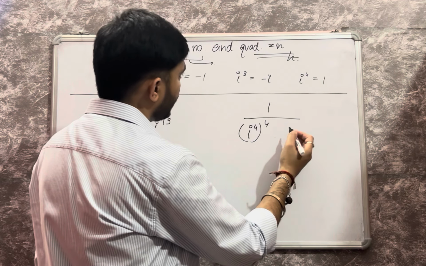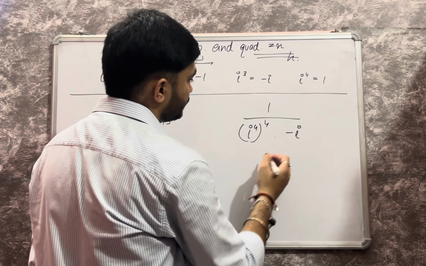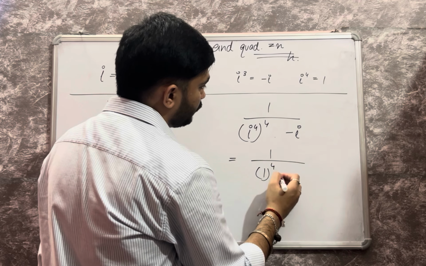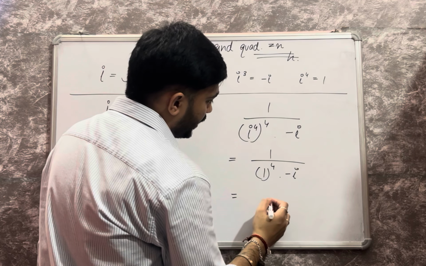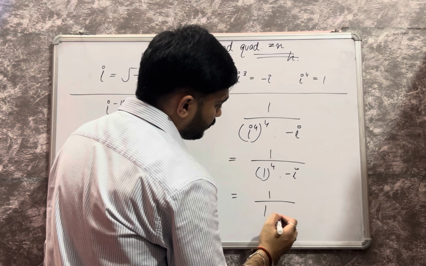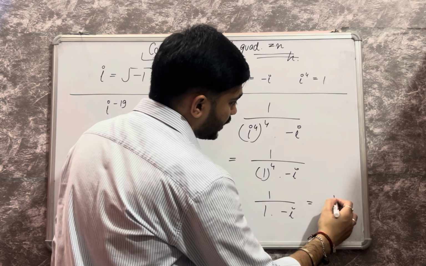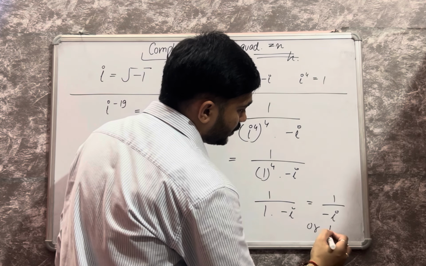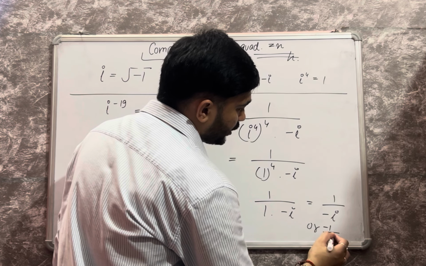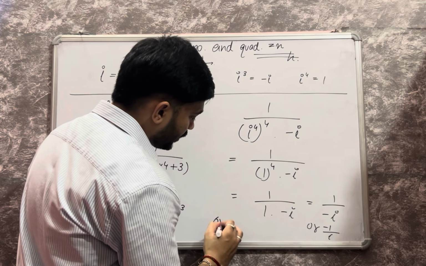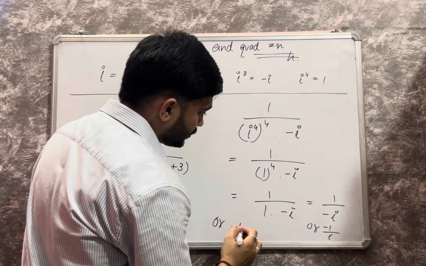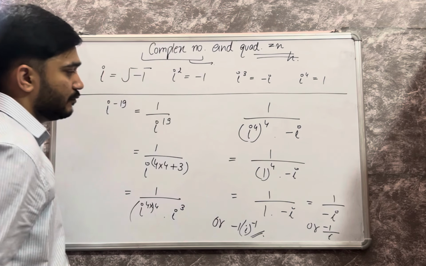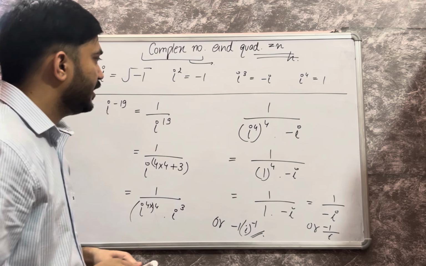Iota raised to power 4 is 1, and iota raised to power 3 is minus iota. So the answer will be 1 upon 1 multiplied by minus iota, so you will get 1 upon minus iota, or you can write it as minus 1 upon iota, or you can also write it as minus 1 into iota raised to power minus 1. Whatever way you like, you can write it in any form.